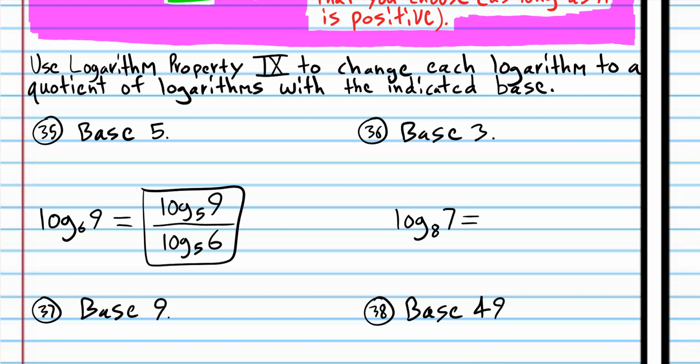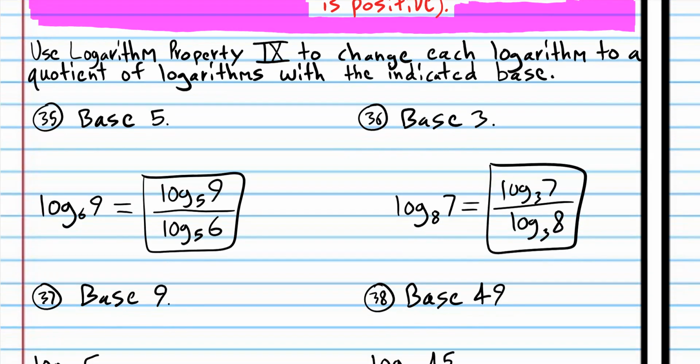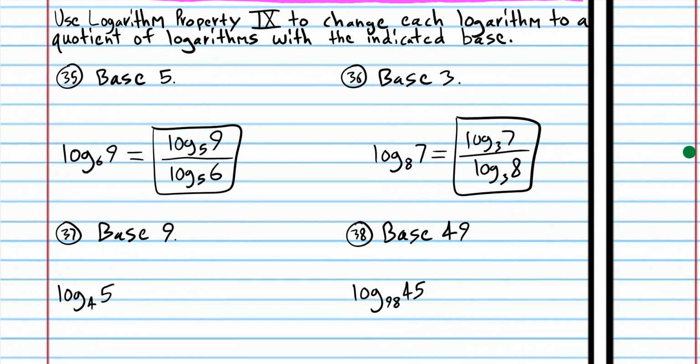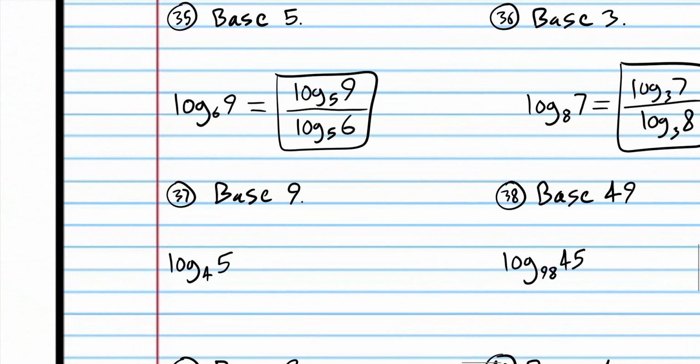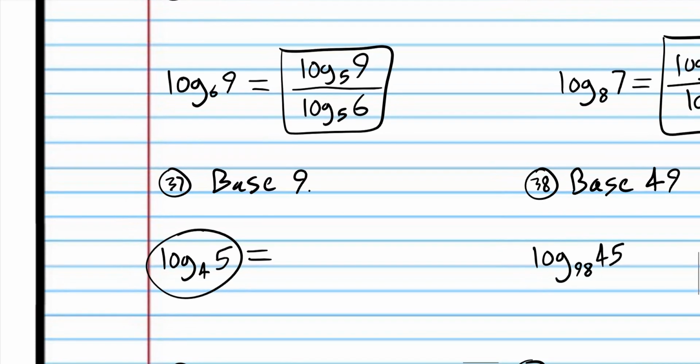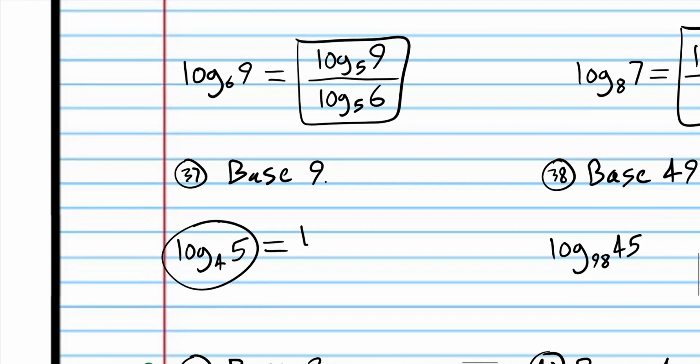So now we want base 3. The problem tells us to change it to a base 3 logarithm, so it's going to be log base 3 of 7 over log base 3 of 8. That easy. So this is not something that's really that difficult. So it wants us to change this logarithm to a base 9 logarithm. We have a base 4 logarithm right now.